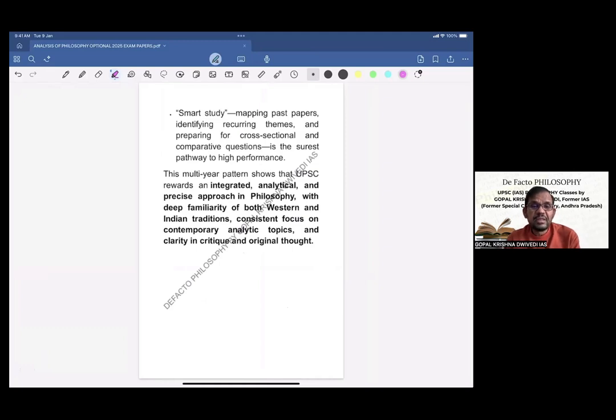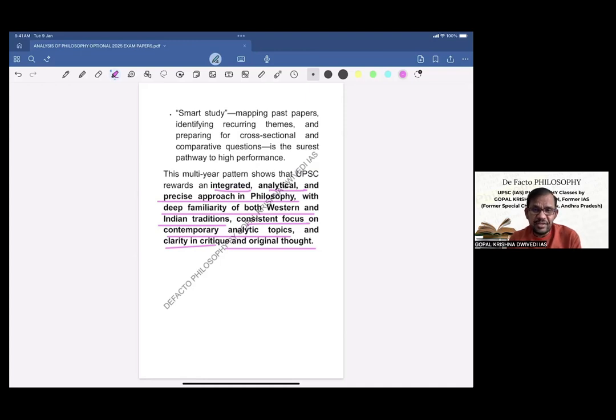So basically, what is rewarded is an integrated, analytical, and precise approach in philosophy, with a deep familiarity with both Western and Indian traditions, consistent focus on contemporary analytic topics, and clarity in critique and original thought. This is rewarded in these kind of exams, which are different from traditional college or university exams.